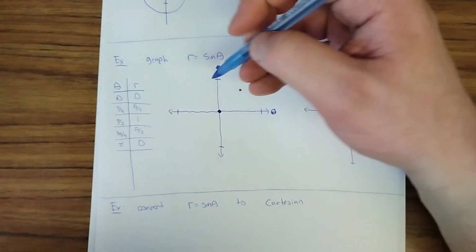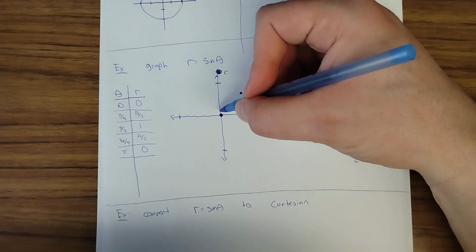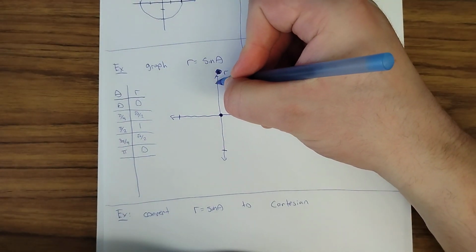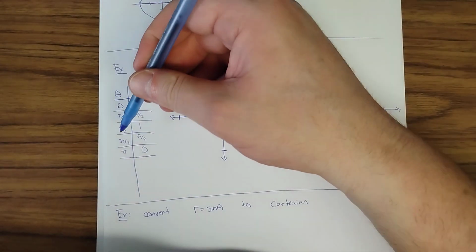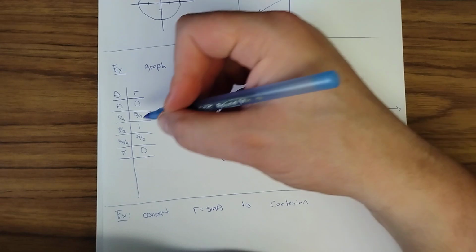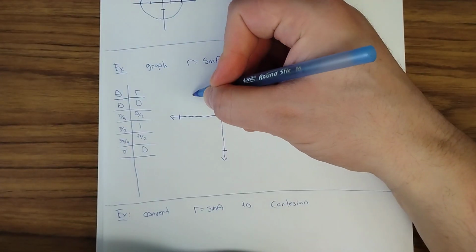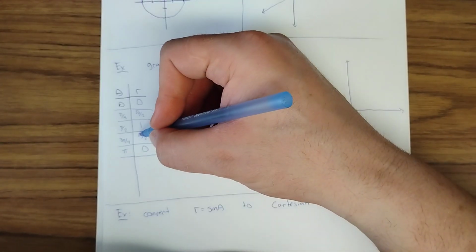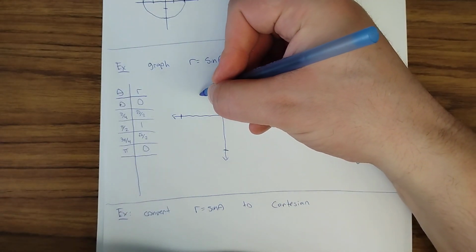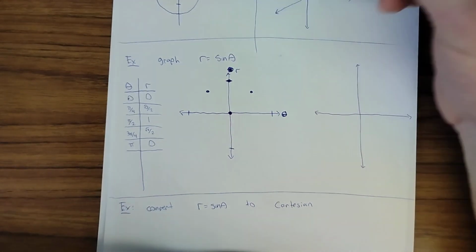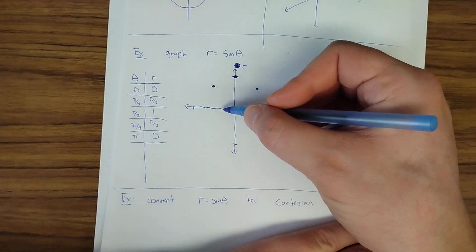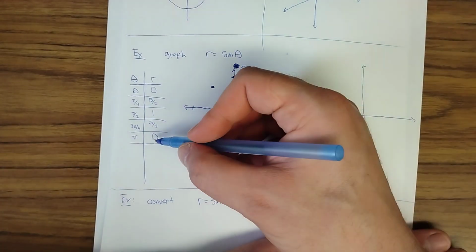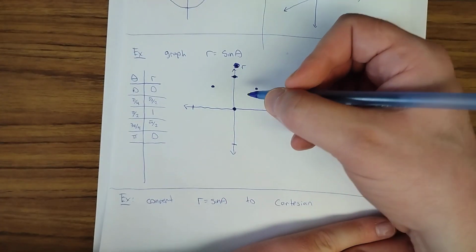Pi over 2 and 1, so pi over 2 is 90 degrees, so I'm pointing straight up there, and I go a distance of 1, so that's easy to find. 3 pi over 4 is this way, and then I go out a distance of 0.7 again, so maybe about here. And then pi is pointing this way, but this is 0 again, so I'm just back to this point.